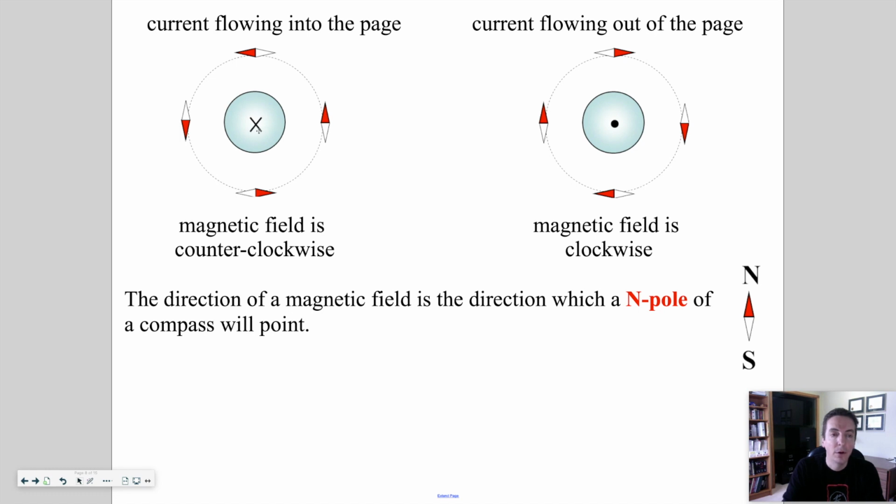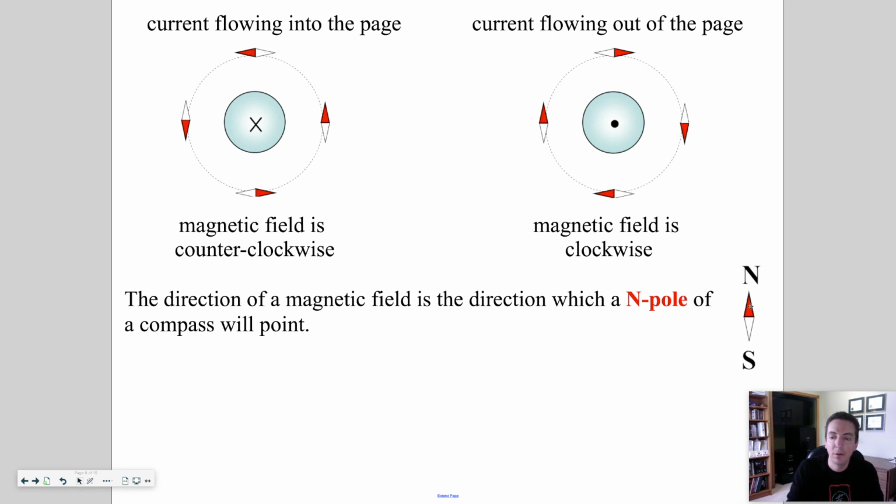wire where the current is flowing into the page. So what you do is you take your thumb and you point it into the page, and now I'm doing it into the screen, and notice my fingers curl around, I do it like this, my fingers curl around in a counterclockwise fashion. And notice the magnetic field is represented by these little compass needles.